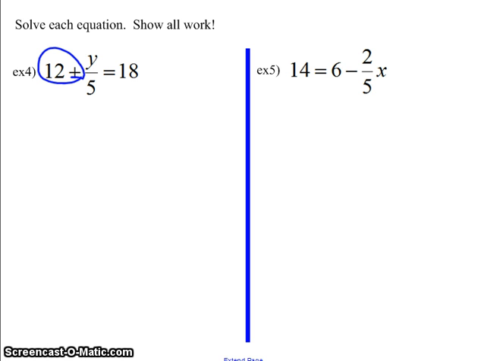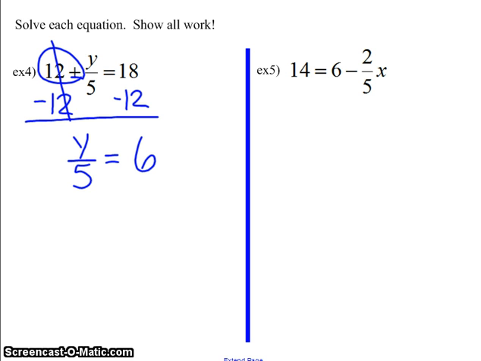So in order to get rid of a plus 12, even though it's written sort of backwards, we're going to subtract 12 from both sides. Positive 12 and negative 12, they cancel out. So we're left with y over 5. 18 minus 12 is going to give us a 6. That's our first step of the problem solving process.